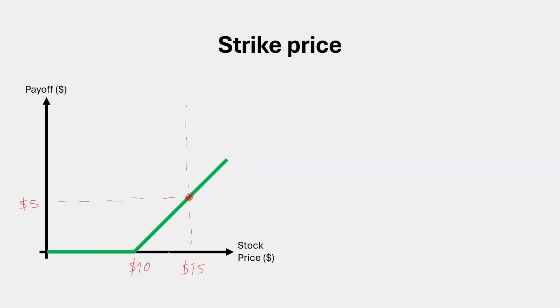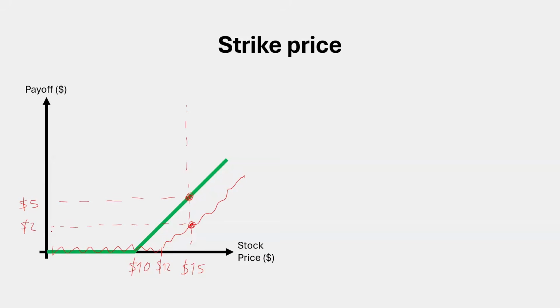Let's suppose the exercise price increased from $10 to $12. So the new payoff schedule will move like this. Now, at the same market price of 15, my new option contract is still in the money, but less so.